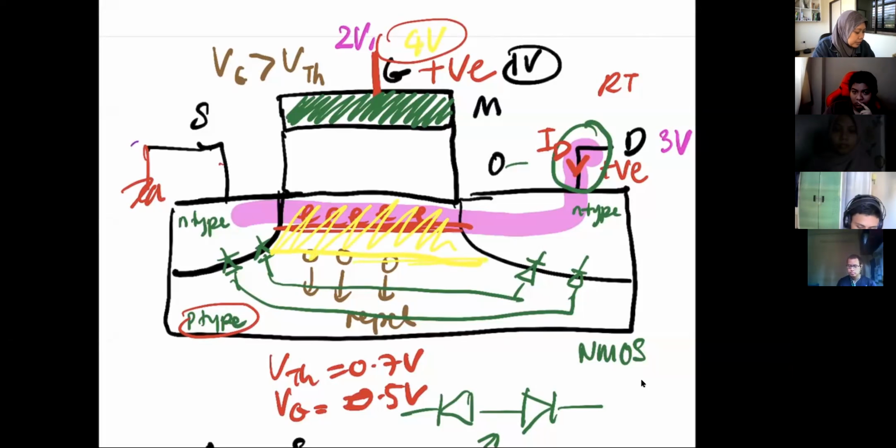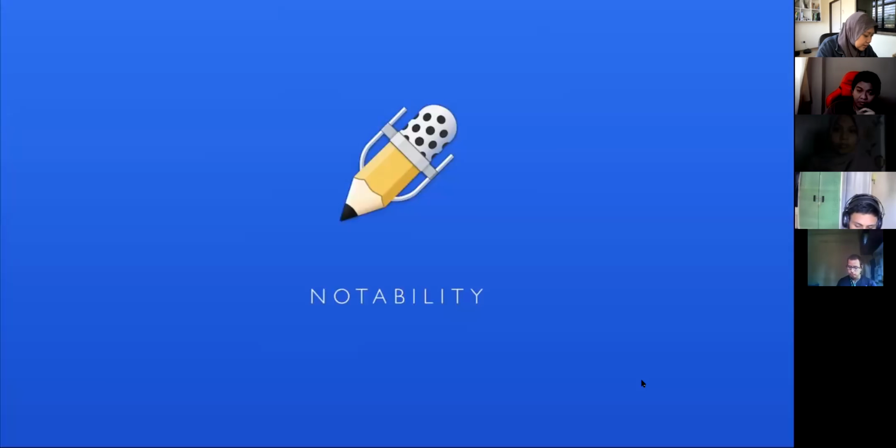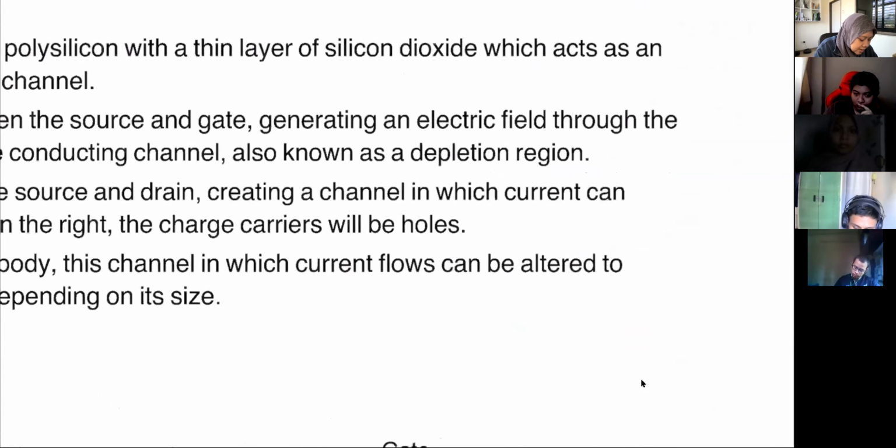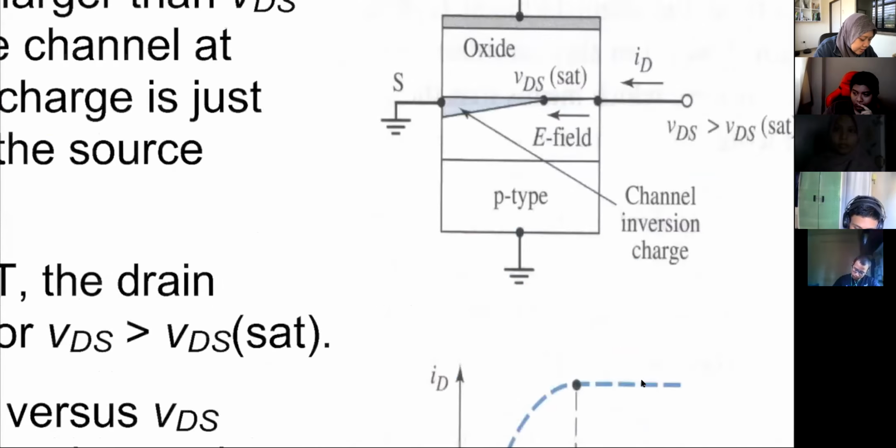So how do we know? If you do it experimentally, let's look at the slide again. Is there a graph? I'm not sure whether my slide has it. This is where we change the gate VGS.